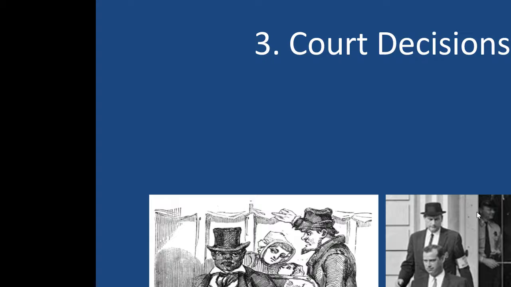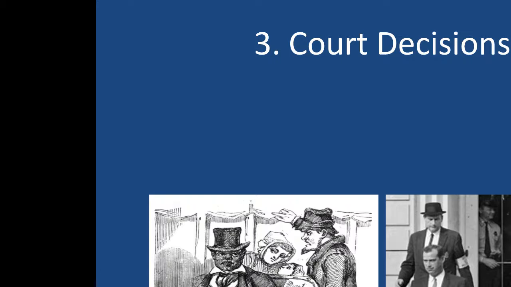Almost done. The third way, so we talked about the legislative branch changing the Constitution through day-to-day practices. We talked about the executive branch changing the Constitution through executive action. The third way is through court decisions. Court decisions have happened over time, a lot of them, and there's a famous one shown in this picture here.